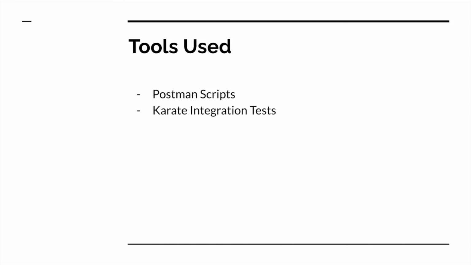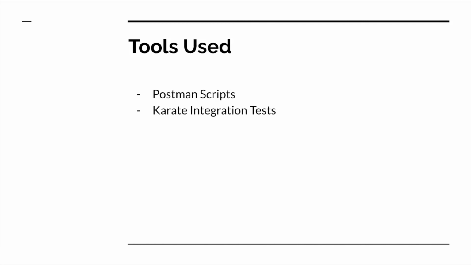There are two main tools that we will be talking about in this lecture series. They're called Postman scripts and Karate integration test. So this is a theoretical session, but in the next one, which is about Postman scripts, we will be going over an actual API.